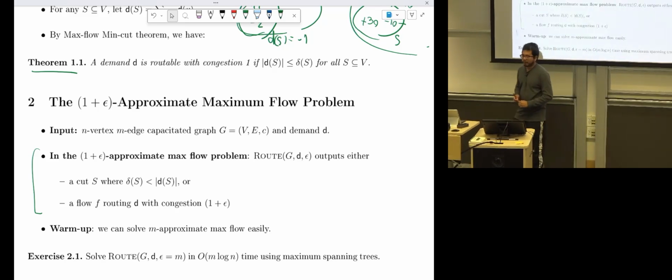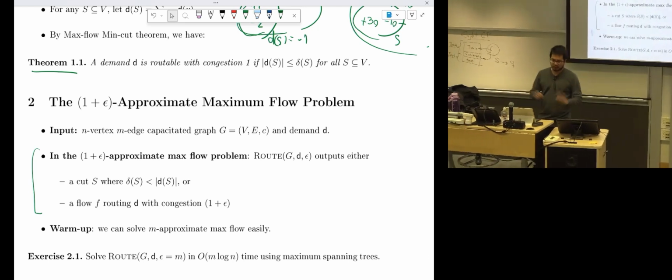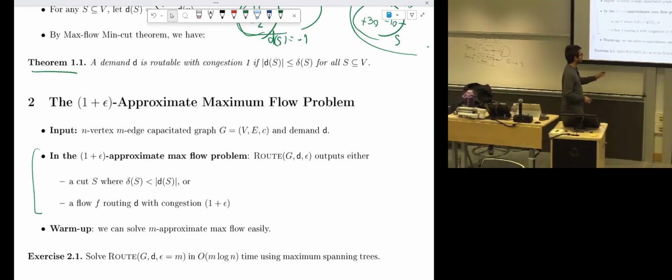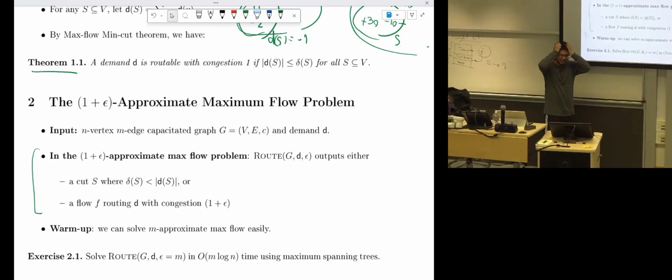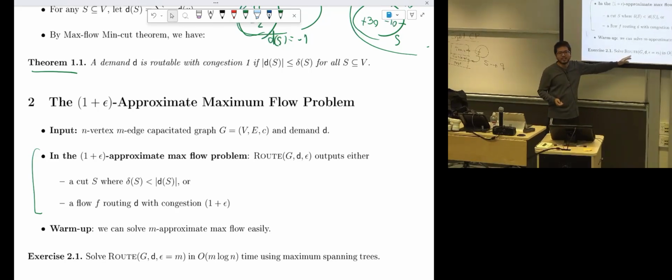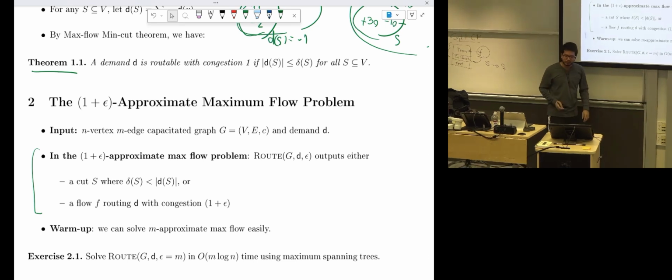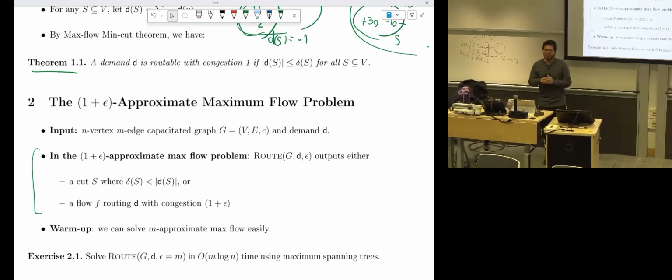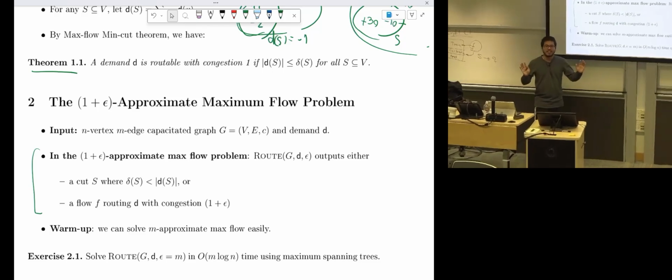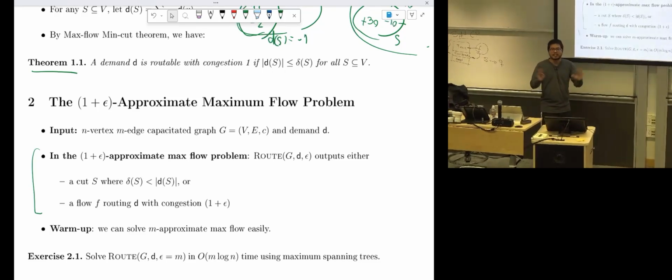I might talk about it tomorrow if I have time. I still didn't publish the homework, but this is in the homework. So take it for granted today that if you want really bad approximation, you can do it in linear time already. But the goal today is to get, instead of m approximation, 1 plus epsilon.